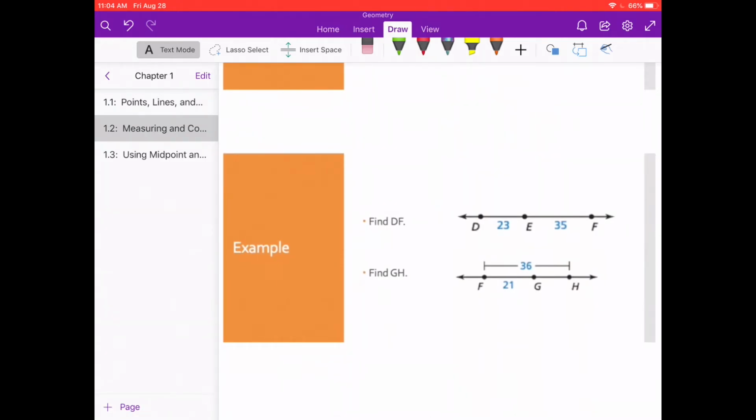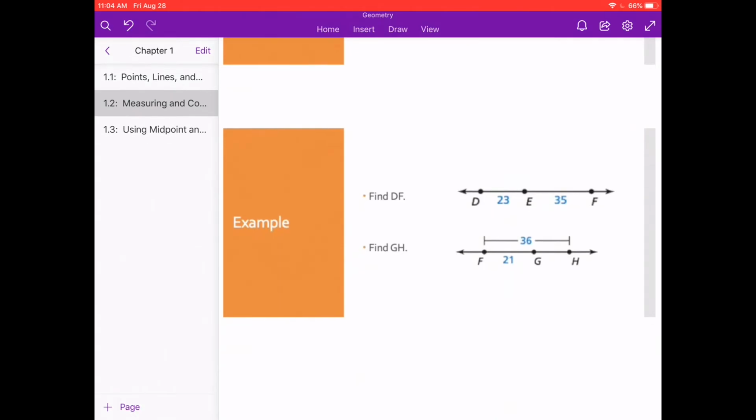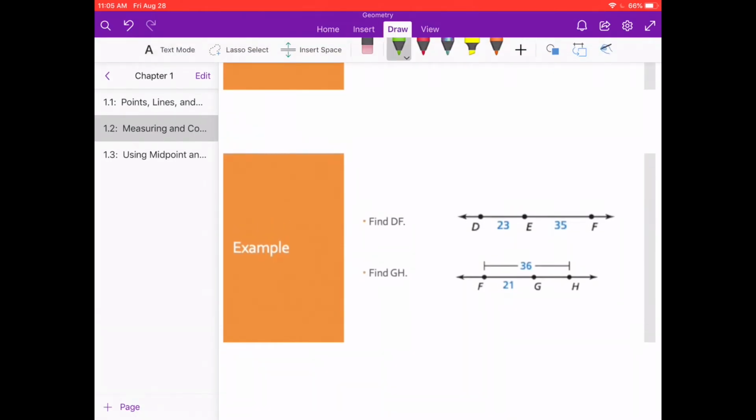For the first one, find DF. So we're finding the value of DF. In this case, notice that DF is the whole, and we're given 2 parts. So we want to do part, excuse my handwriting, plus part equals whole.